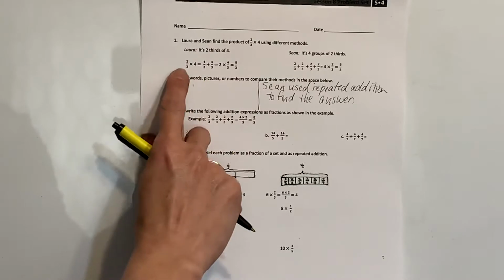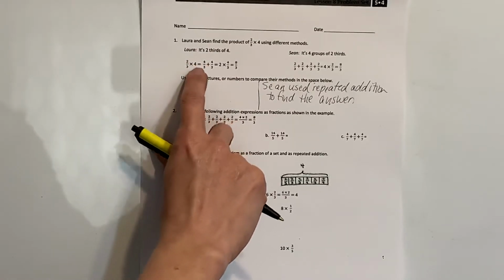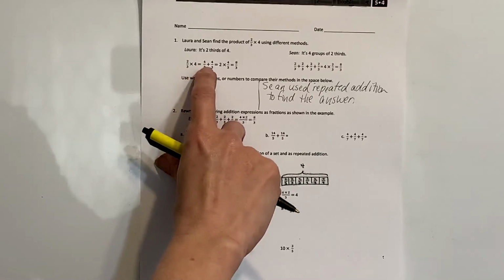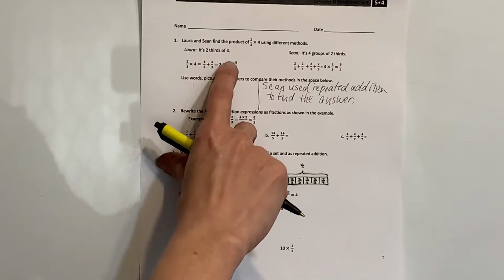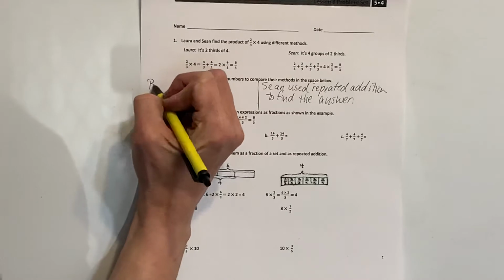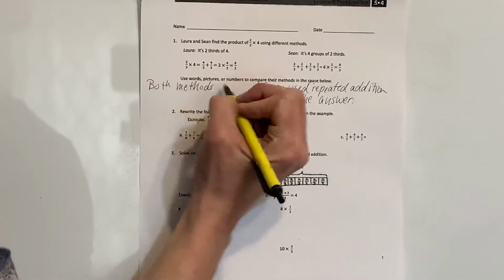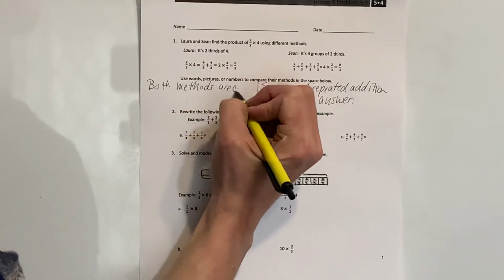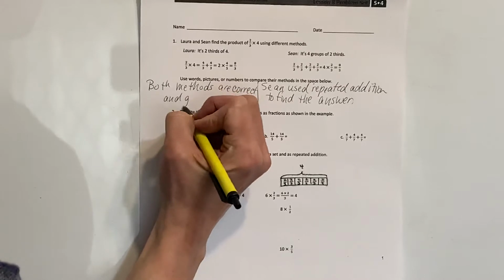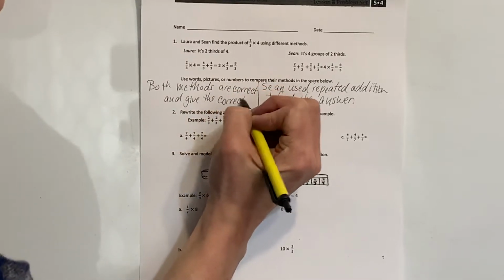And what Laura did is she took the 4 and put that as the thirds, and she did 2 times 4/3. So she did 4/3 plus 4/3 and got 2 times 4/3 equals 8/3. So I need to say over here, both methods are correct and give the correct answer.